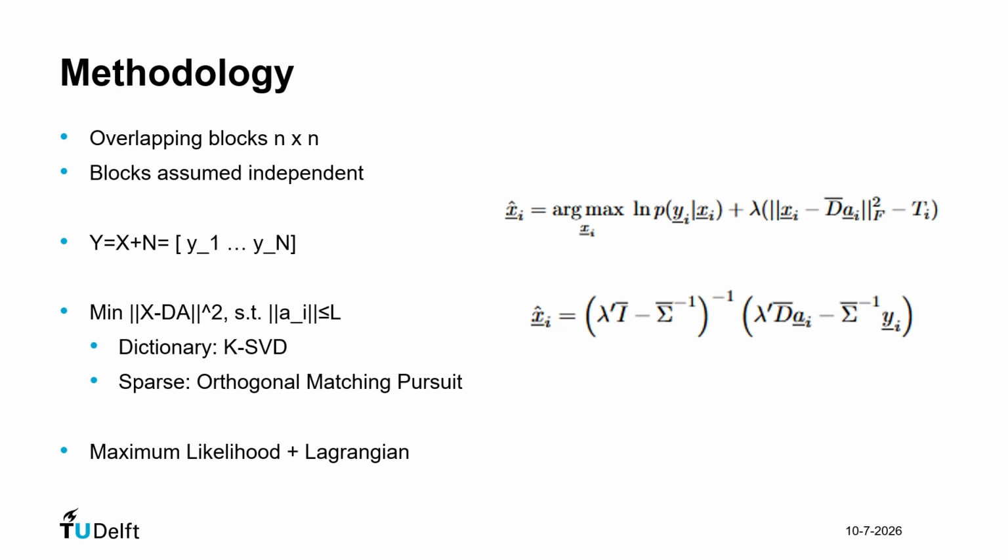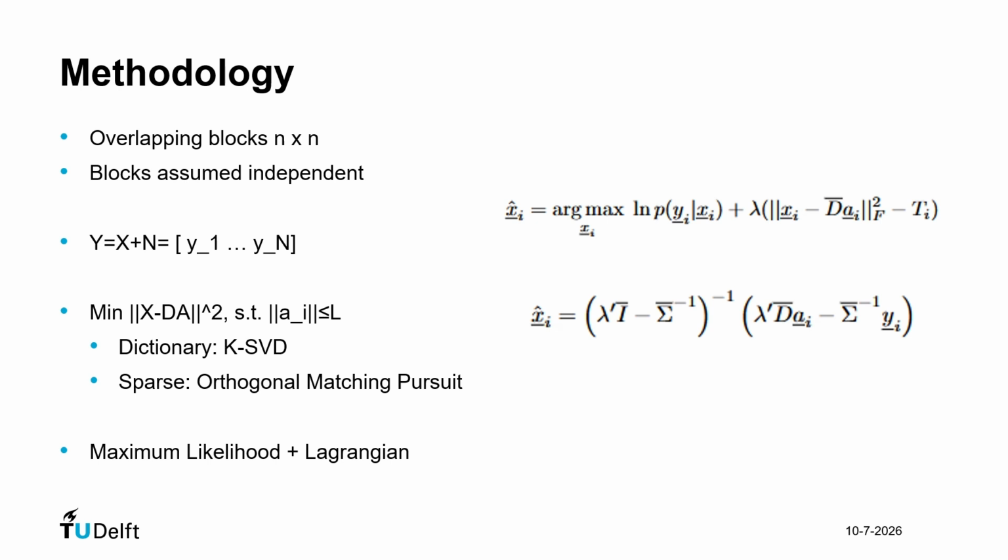And that brings us to our data model. So we assume that the noisy image is equal to the noiseless image plus noise. And the noise is assumed to be a zero mean white Gaussian noise. And the dictionary learning is actually applied not on Y, the noisy image, but on X, the noiseless image, for which we have the optimization criterion over here.